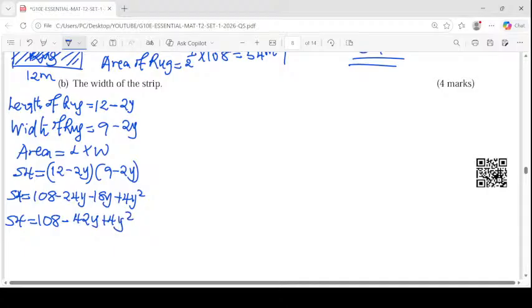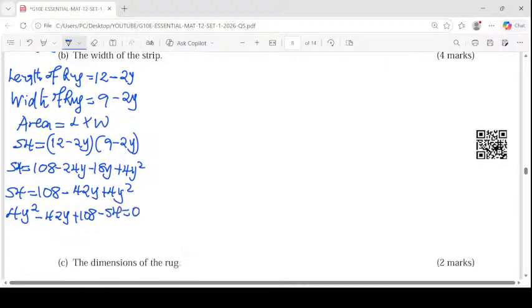Upon rearranging, we are going to get 4y squared minus 42y plus 108 minus 54 equals 0. So this will become 4y squared minus 42y plus 54 equals 0.